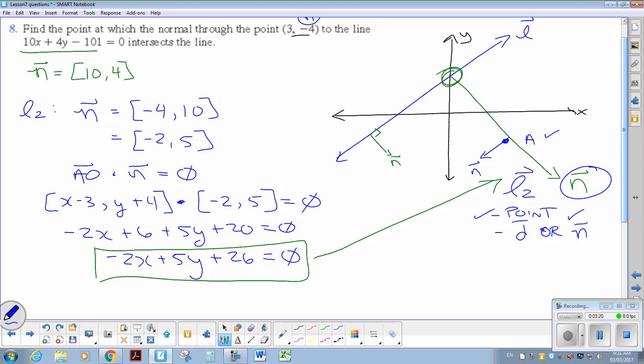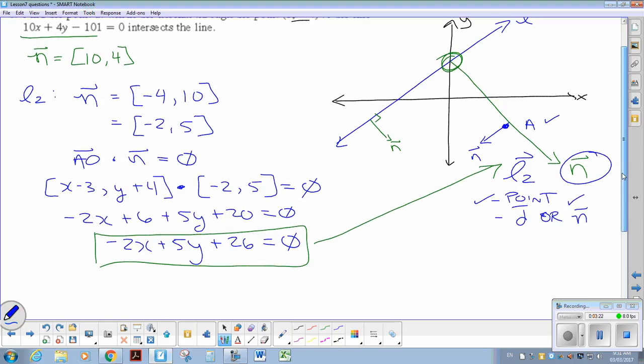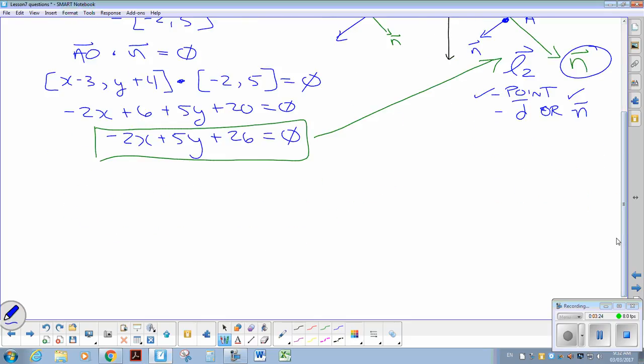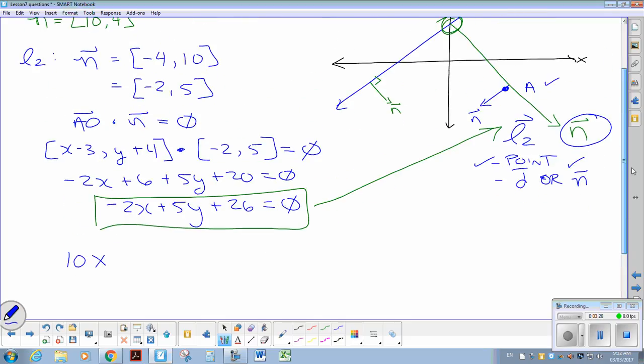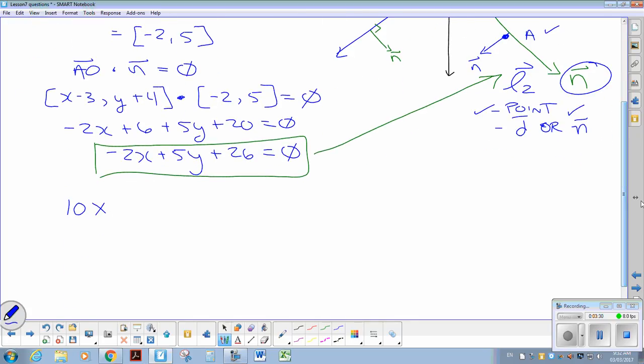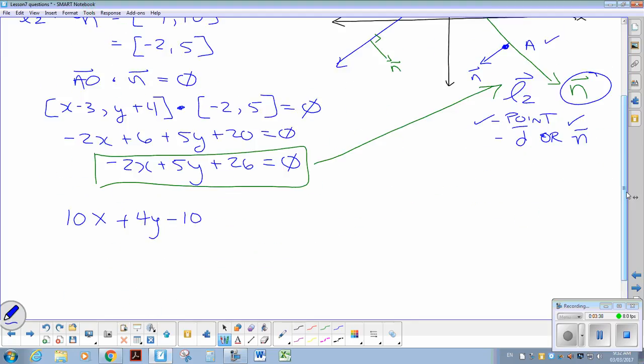Now we want to find the point of intersection. So we're basically given 2 equations, 2 unknowns. So we have 10x plus 4y minus 101 equals 0. And I'm going to cheat and do it in this step here. I want to make them line up.